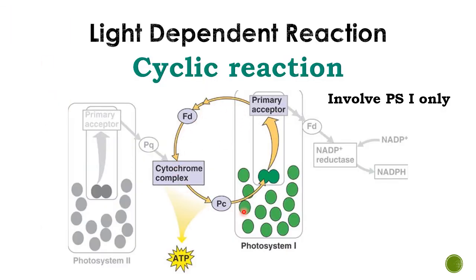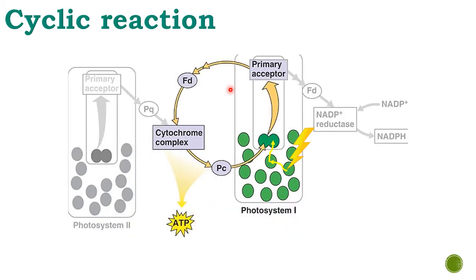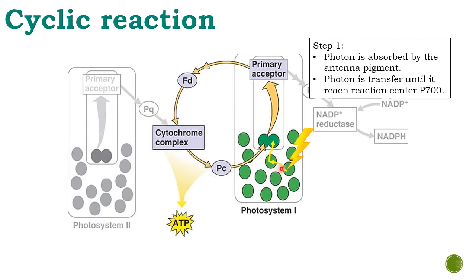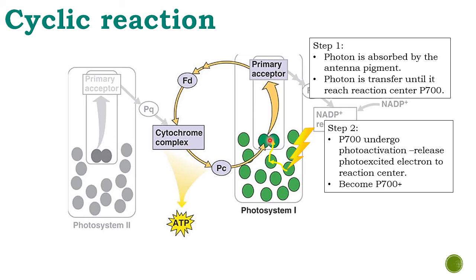Now let's look at the cyclic reaction. This reaction involves photosystem 1 only, and it will only produce ATP. Same as in the non-cyclic reaction, a photon is absorbed by the antenna pigment molecule and it is transferred until the photon reaches chlorophyll A P700 in the reaction center. P700 undergoes photoactivation and releases the photoexcited electrons to the primary electron acceptor.